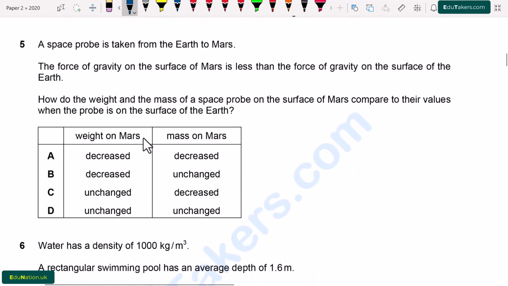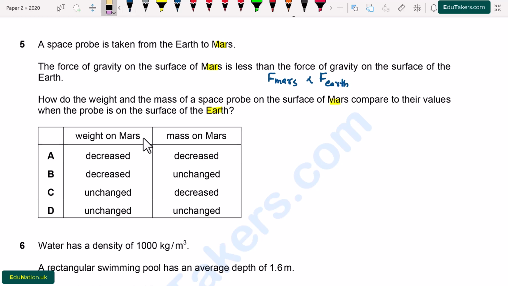Question number 5. A space probe is taken from the Earth to Mars. The force of gravity on the surface of Mars is less than the force of gravity on the surface of the Earth. So, the force of gravity on the surface of Mars is less as compared to force of gravity on the surface of Earth.